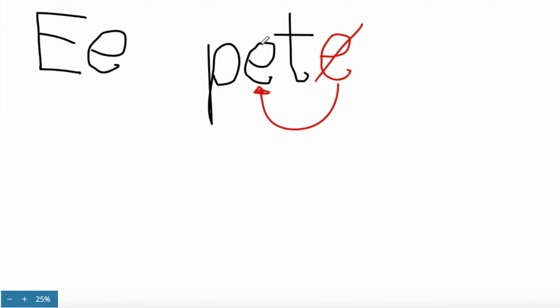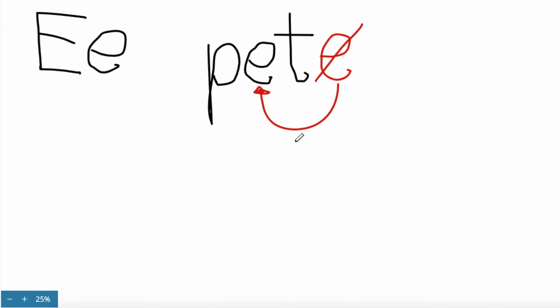And it changes it for its long sound. Remember the name of the letter? It's the same as the long sound. So the long sound for letter E is E. So P, eat. The E at the end does not make a sound, so we don't sound it out. So let's read it. Pete.